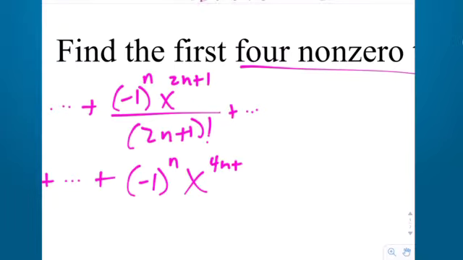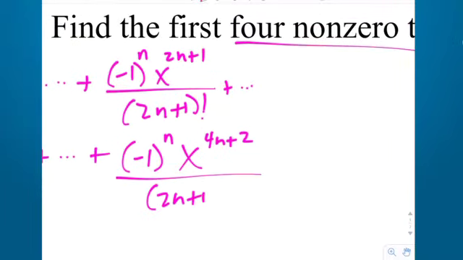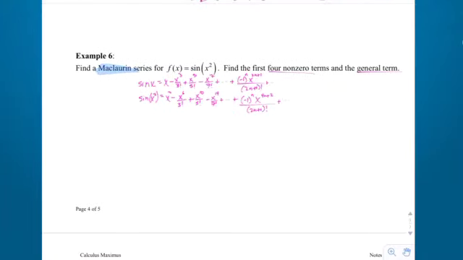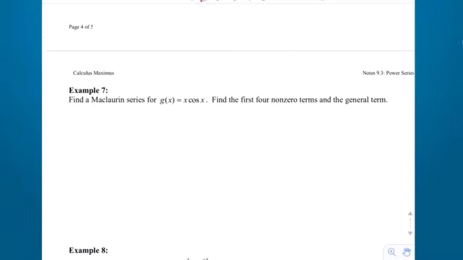Excellent. 4n plus 2 all over 2n plus 1 factorial plus dot, dot, dot. There you go. So that easy. You modify the general term like you would each individual term. And that would probably be worth 2 points on a free response right there. Not bad at all.